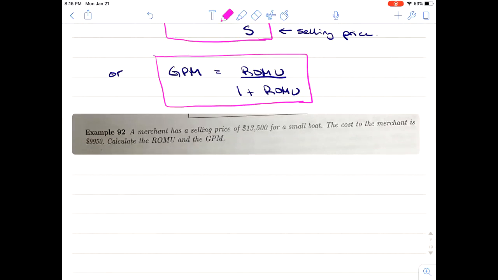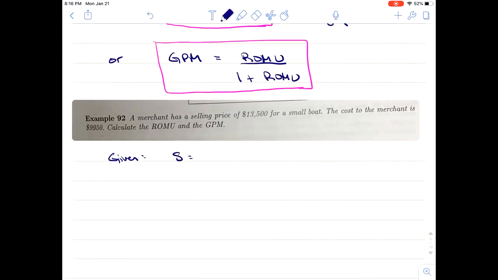Calculate the ROMU and the GPM. So here, we're given S is 13,500 and C is 9,950. We need to find first the ROMU and then the GPM, or whichever one's easiest to find in whatever order. Once we have one of them, we can find the other one.